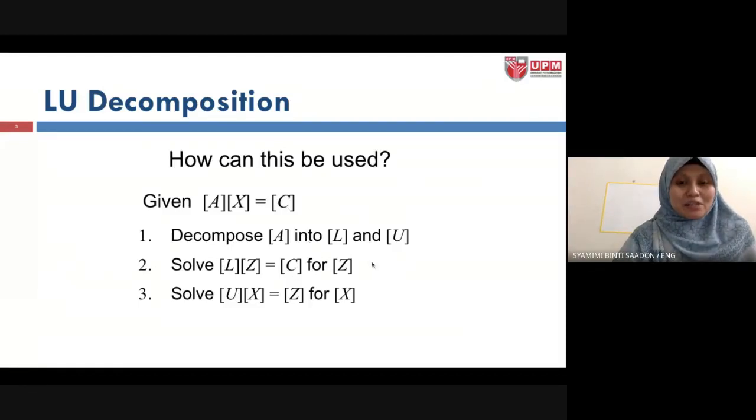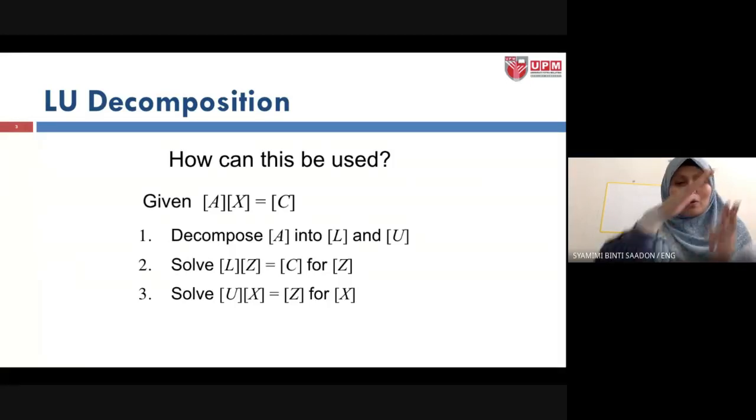By using this, we can find matrix Z, Z1, Z2, Z3, only for the lower triangular side of matrix A. Then we solve the upper matrix: UX equals Z. This is when we get the final answer X. So the rules are like that.